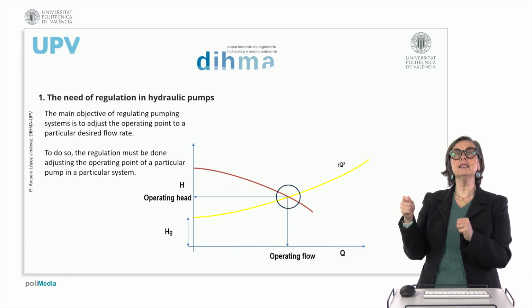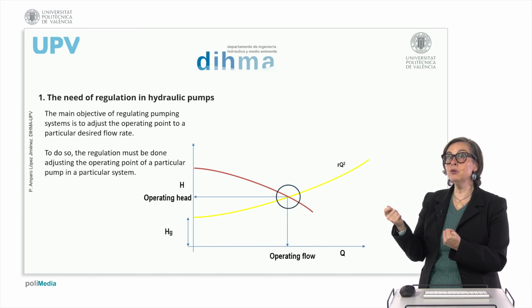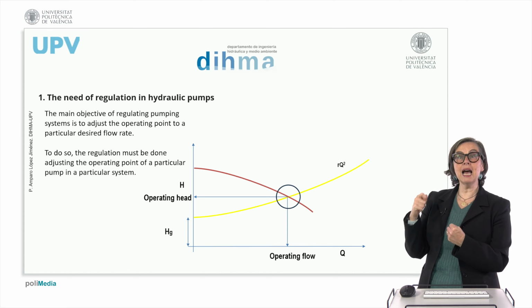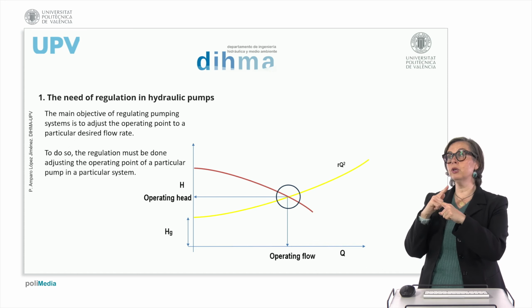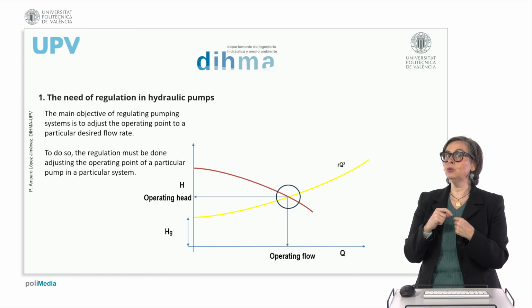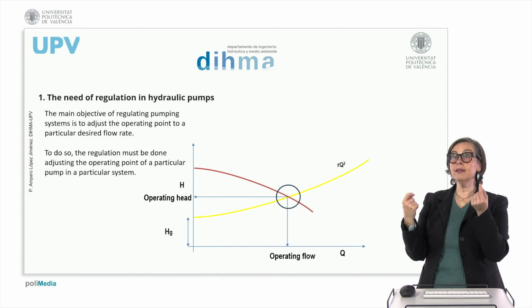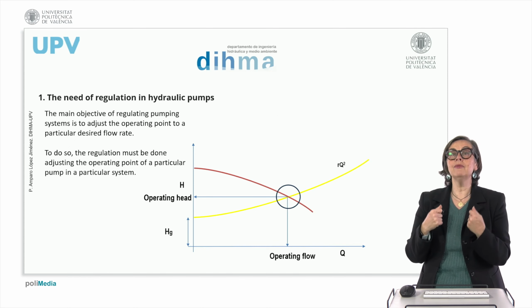In this case, the achievement of Bernoulli's law gives us a flow and a head at the intersection of both curves.